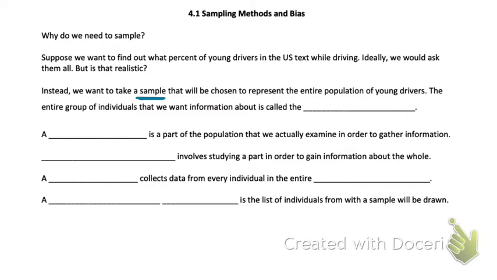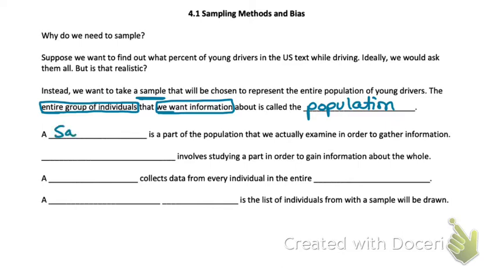Just so you are clear, the entire group of individuals that we want information about is called the population, okay? But since it doesn't make sense to talk to everyone in the population, because that's time-consuming and unrealistic, we're going to take a sample.